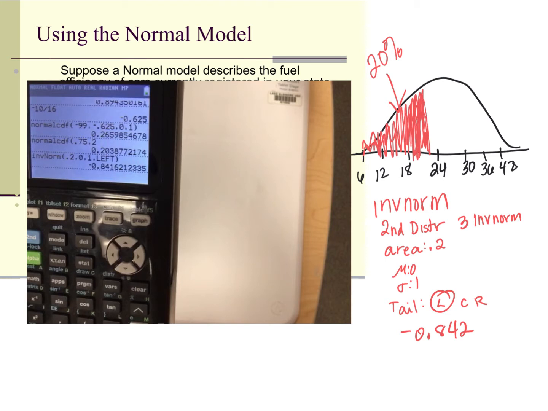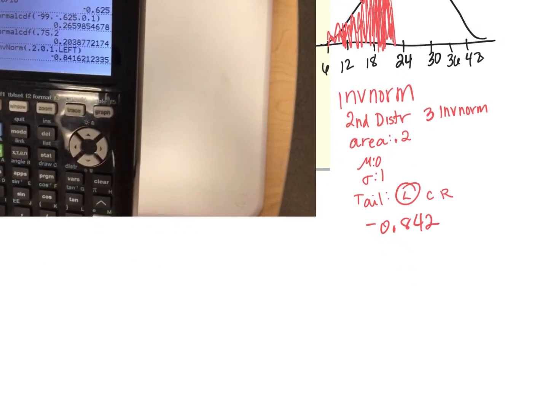So that means if you wanted the upper 20% and your calculator doesn't do left, center, right, then you have to actually ask it for the lower 80%. Okay, so if your calculator doesn't do the right, if I wanted the upper 20%, I would choose right if I have that option instead, or I would put in 0.8 because the area to the left is what the calculator is going to only calculate if you don't have that option.